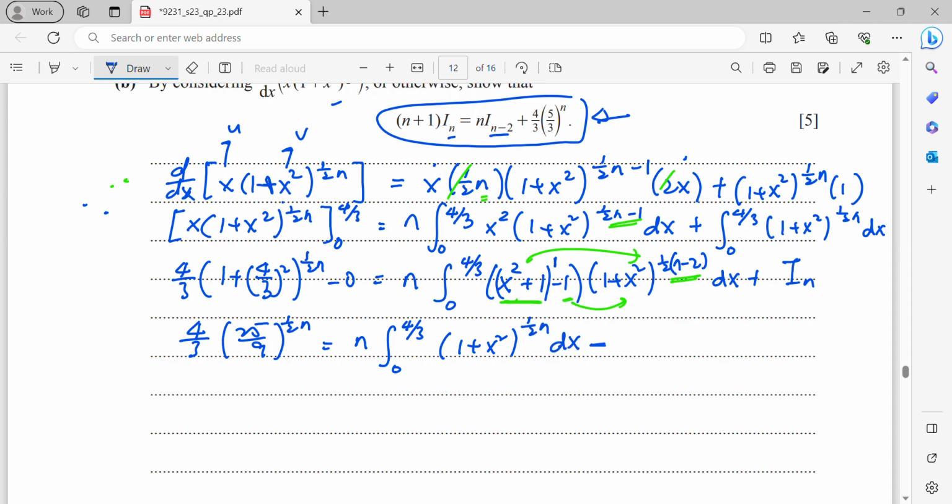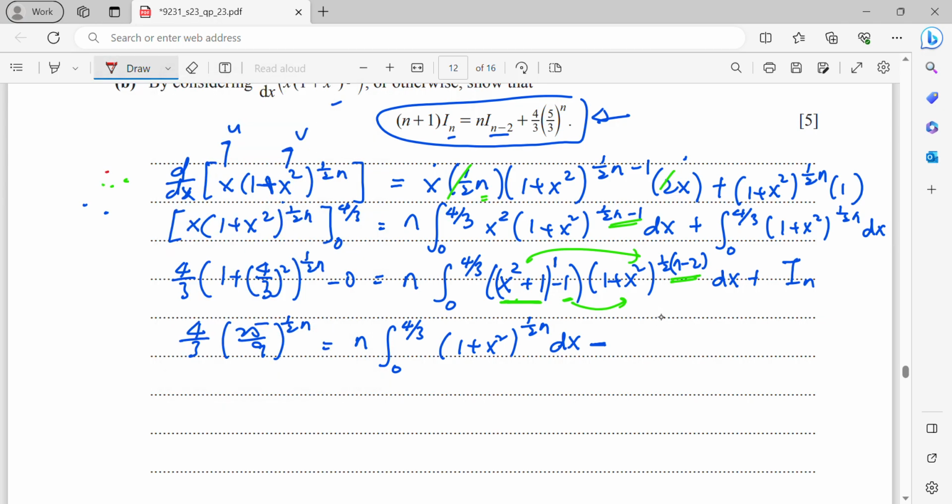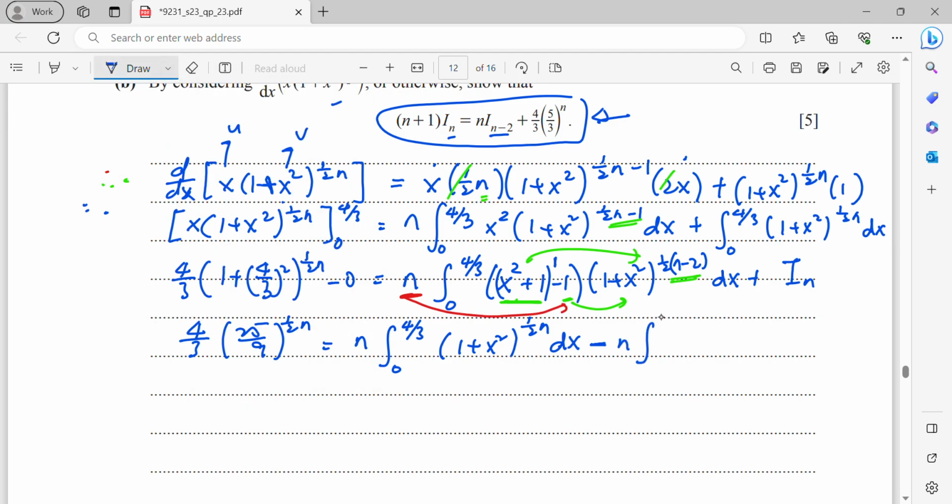Then this minus, I will have another n outside. Don't forget this n. Let's say I just times. It will be minus n integrate 0 to 4 over 3, 1 plus x squared to the power of half bracket n minus 2 dx plus the In.